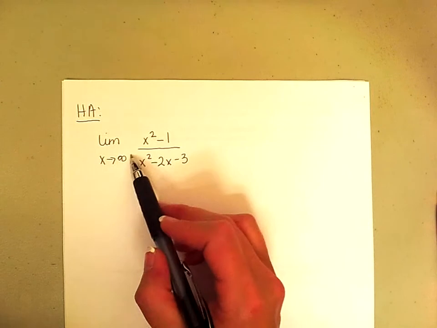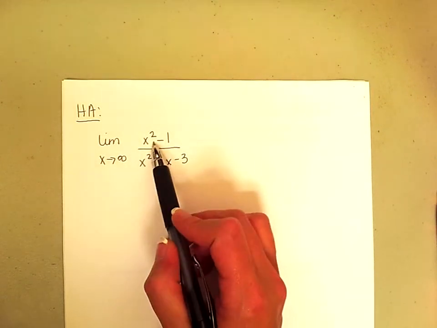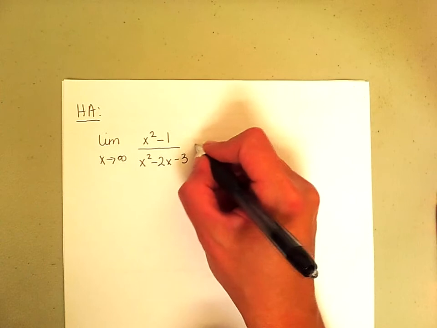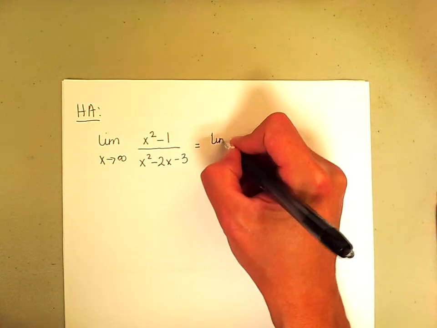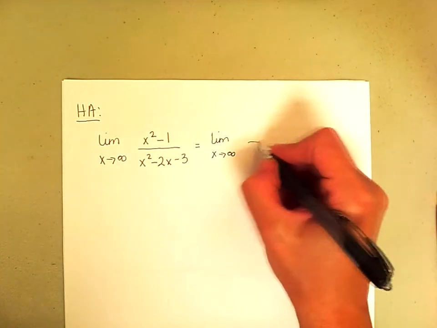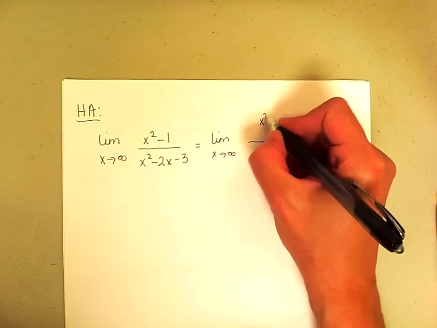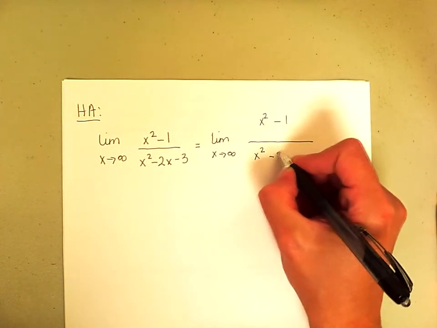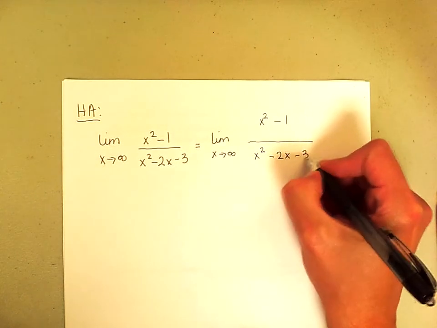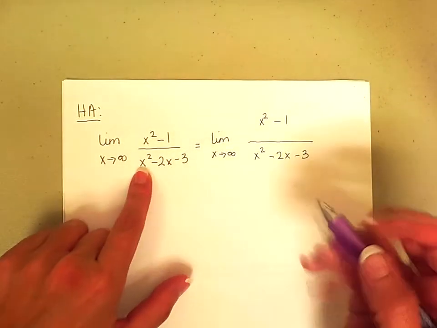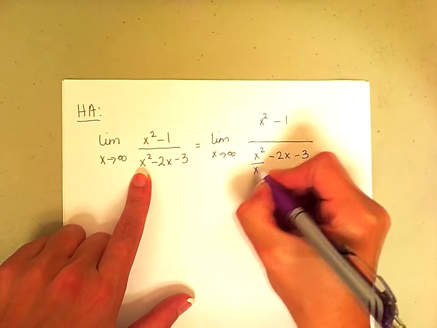If we try a direct substitution, we'll get infinity squared over infinity squared, and there can be different types of infinity. So let's look at the limit as x goes to infinity, but now let's reduce everything by the highest power of x in the denominator, which is x squared.